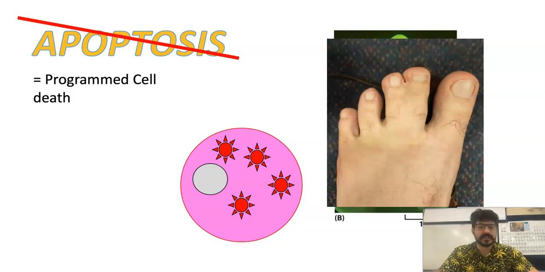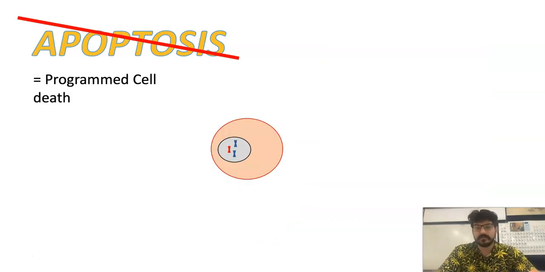But the one that we really, really need to focus in on is what happens when we have a mutated cell whose mutation is present in one of the two genes that I'm about to mention. Those two genes are proto-oncogenes or tumor suppressor genes. A proto-oncogene is like the accelerator on the car. It'll speed up the process of cellular replication and division.